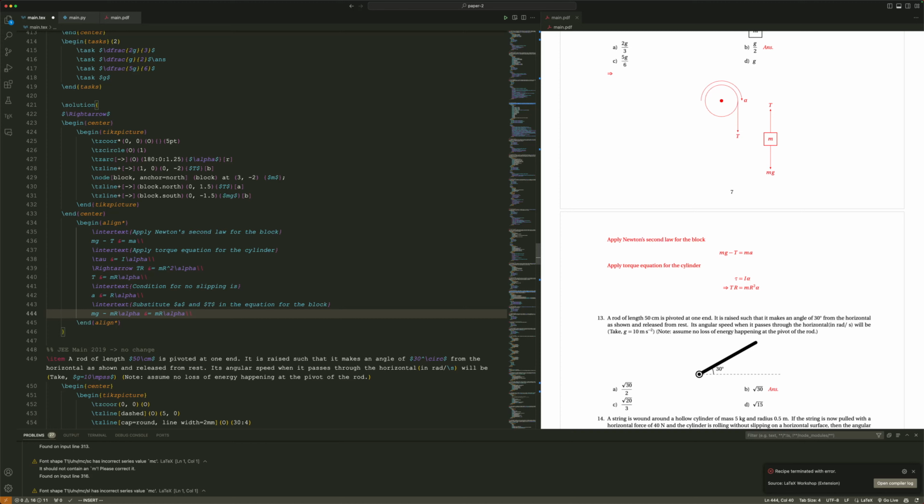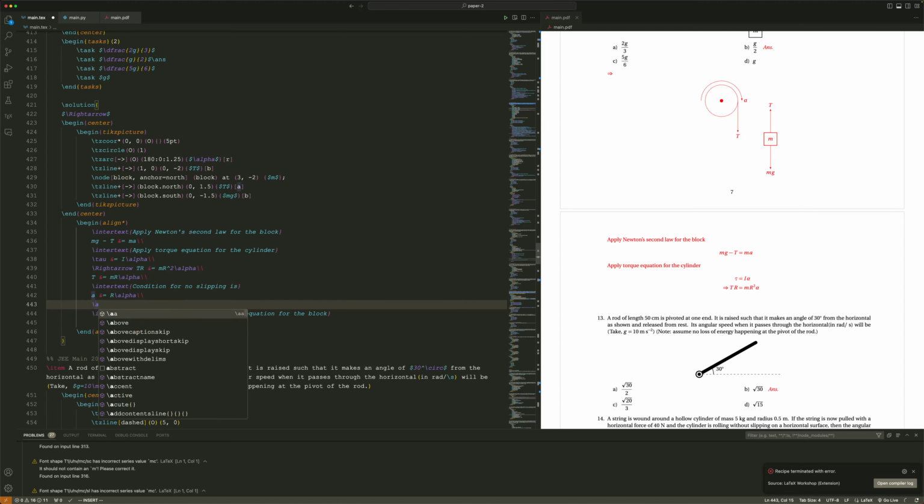We have to substitute the value of alpha and a. From there we can find alpha, which is a by r.